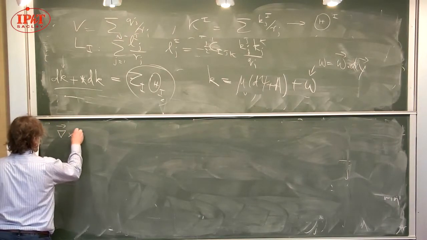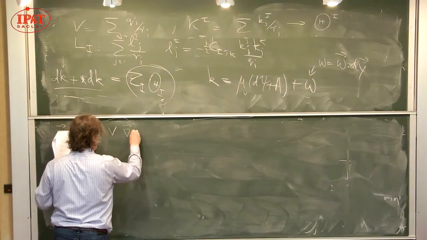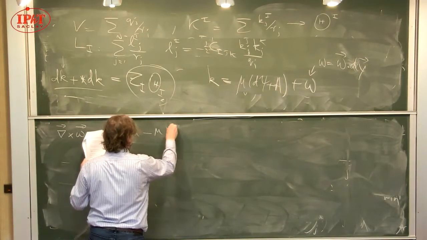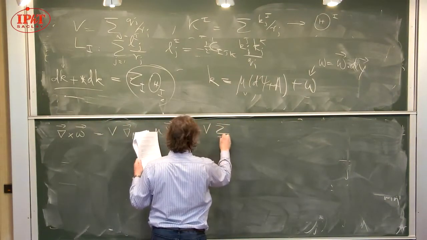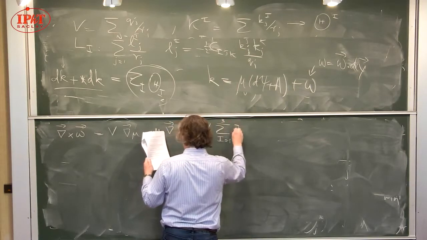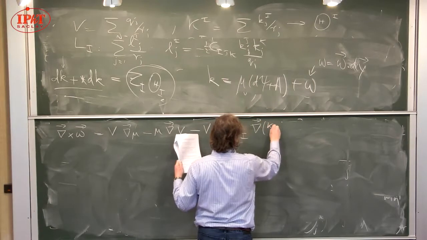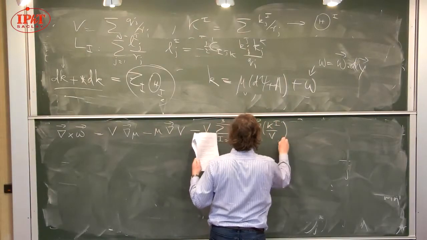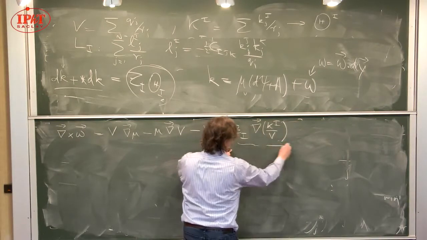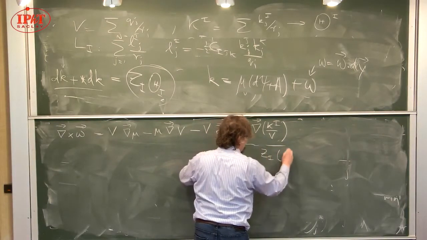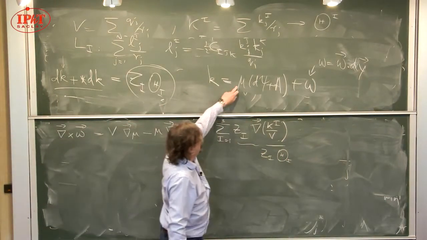Del cross omega is equal to V grad mu minus mu grad V minus V sum i equals 1 to 3, repeated indices of sum, but I'm just being very explicit, grad ki over V. It becomes that. And you see that this is nothing other than what comes from zi theta i, and this is the d operator hitting the mu and the d psi plus a.